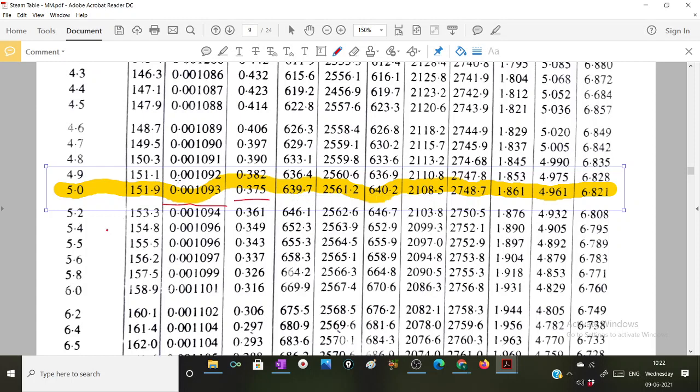First column represents saturation temperature. Second column represents Vf, meter cube per kg. Third column represents Vg, meter cube per kg. All other properties represent corresponding values. So I am interested only in these two properties, Vf and Vg. Got my point? And what are these values? Let me write these values.